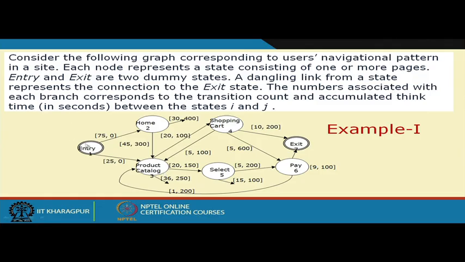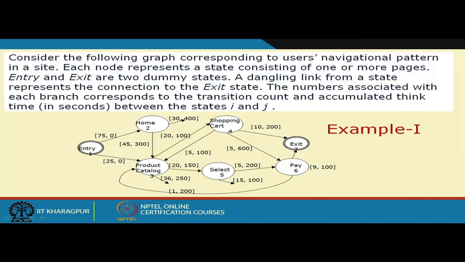Now, entry and exit states have their usual meaning. This is your first and this is your 7th. So, there are a total of 7 states in this particular example. And what will be the size of your transition probability matrix? It will be a 7 cross 7 matrix. And what will be the size of your average time matrix? That is again a 7 cross 7 matrix.